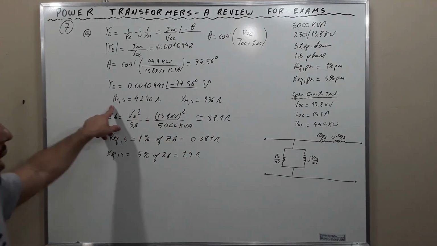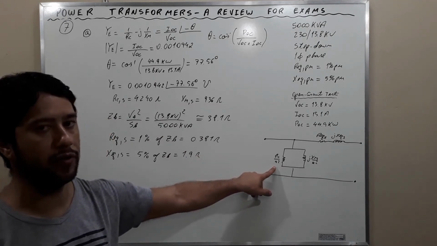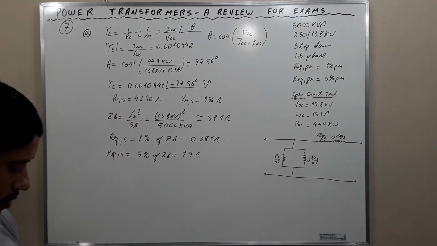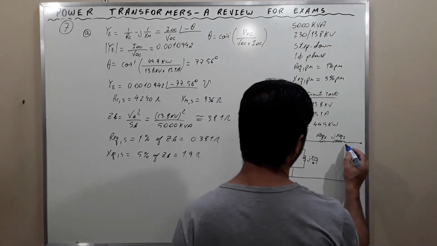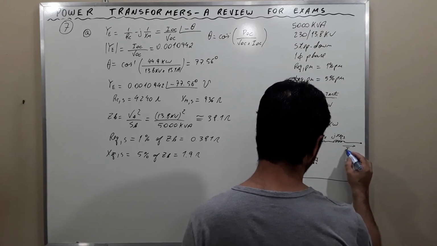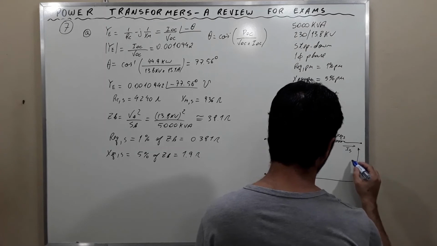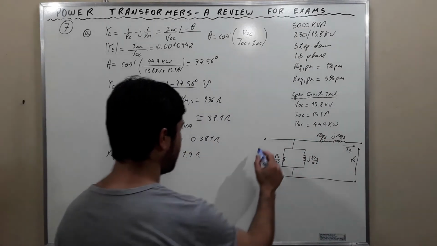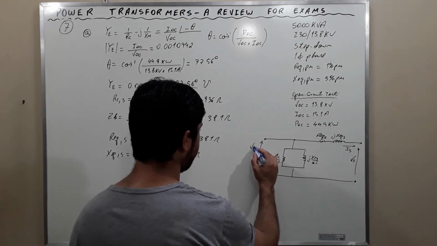These values are already referred to the secondary side. We have output current IS, output voltage VS, and the input voltage referred to the secondary side.